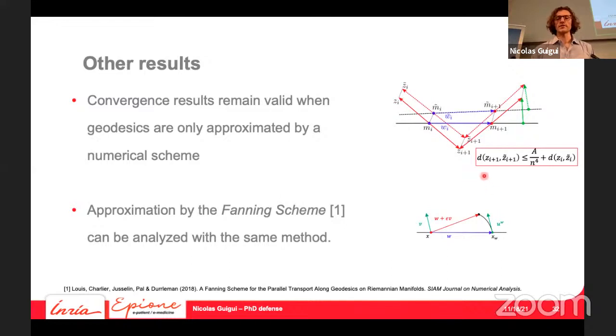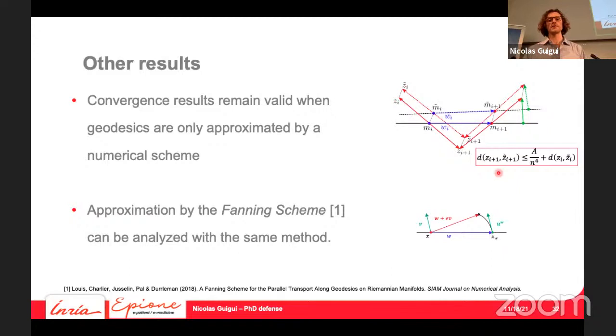Then I showed that if the order of the scheme is sufficient, the points that we obtain stay close enough to the true construction of pole ladder, so that the approximated sequence converges to the true sequence, and the vector converges to the true parallel transport.